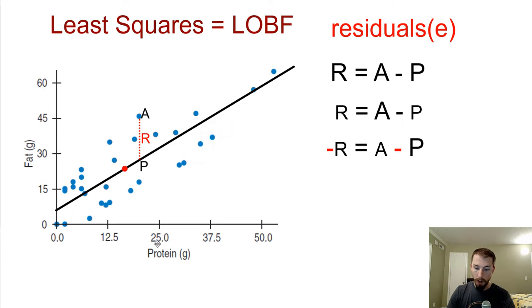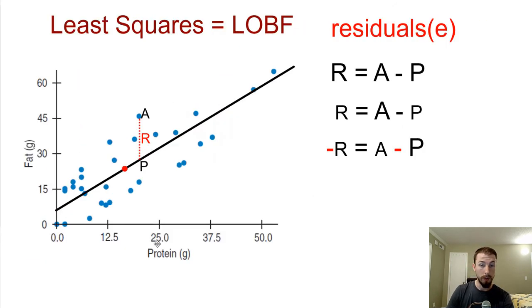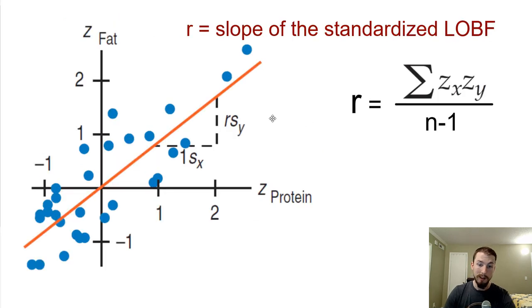So how do you go from a standardized stat plot back to the real world? Well, if we divide by the standard deviations to get to the z-scores, to go back to the real one, we just multiply by the standard deviation of y and the standard deviation of x. So if I go over one standard deviation of x, maybe it's like 5 grams of protein, and then I go up r, the correlation coefficient, times the standard deviation of y, maybe the standard deviation for fat content was 4 grams.